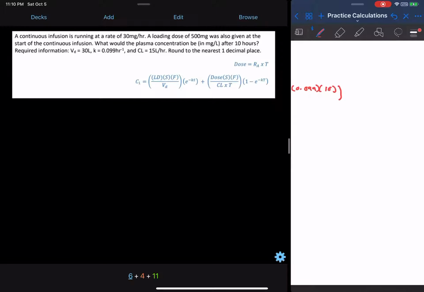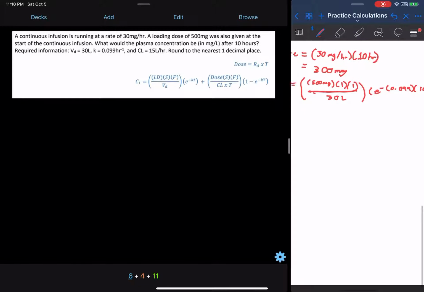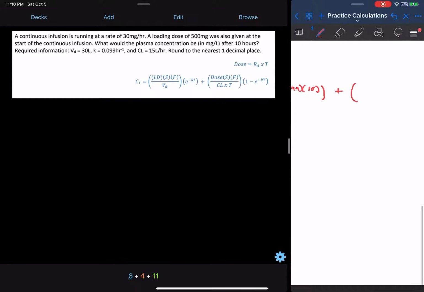We add that to the dose we solved previously, so that's 300 milligrams times 1 times 1. All this over the clearance, which is 15 times time, 10 hours.